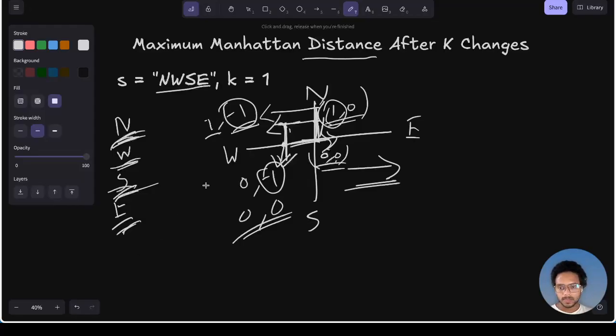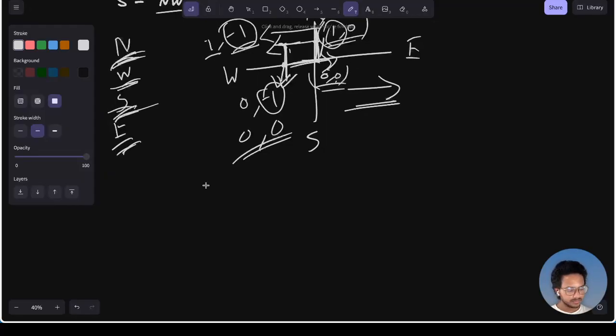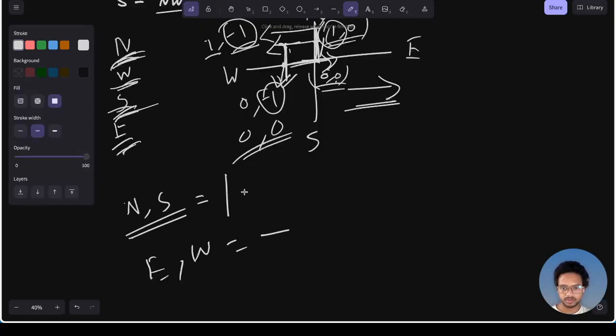North and south determine the vertical value. East and west determine our horizontal value, meaning vertical value and horizontal value, right?